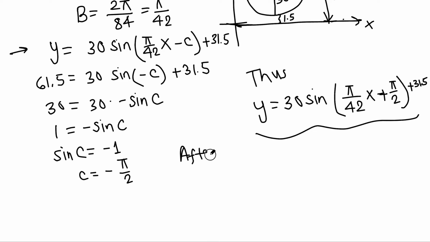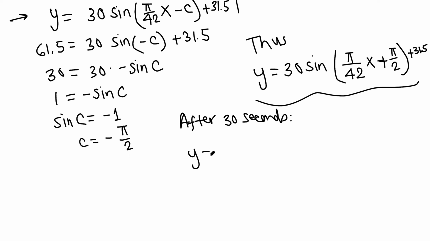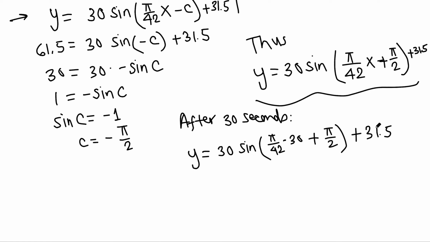So the height above the ground is y equals 30 sine of pi over 42 times 30 plus pi over 2, plus 31.5. Now we can cancel this one. 6 goes 5 times, 6 goes 7 times, or this is 30 pi over 42.